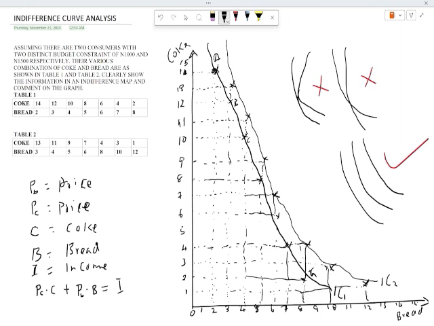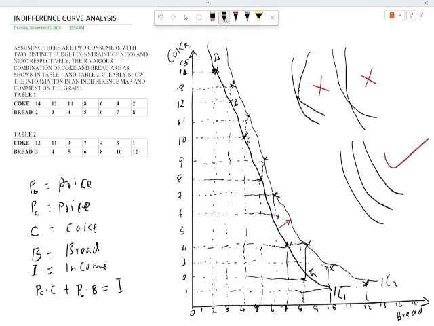Where the satisfaction is said to have changed is when the individual is now maintaining IC2, which means it has moved from IC1 to IC2. You will therefore conclude that the individual satisfaction has increased now.